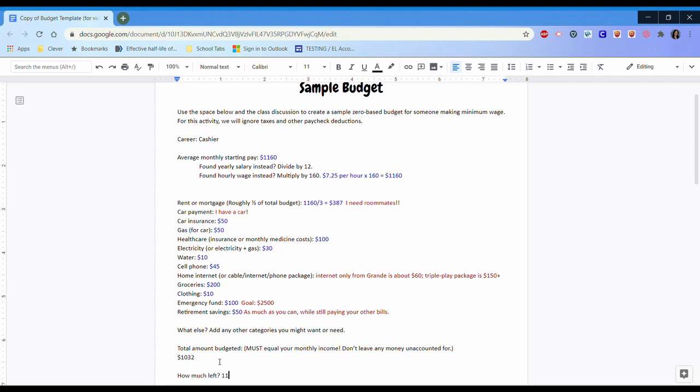Take your total, $11.60, subtract how much you spent so far, and that is $128. That's not a dollar sign. So we still have $128 to put somewhere.